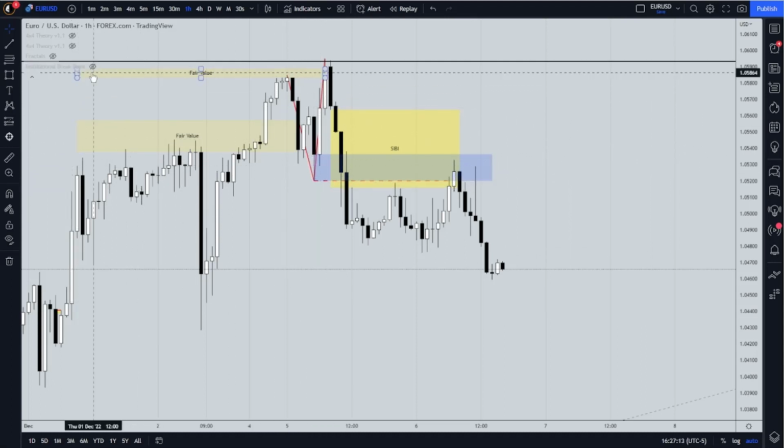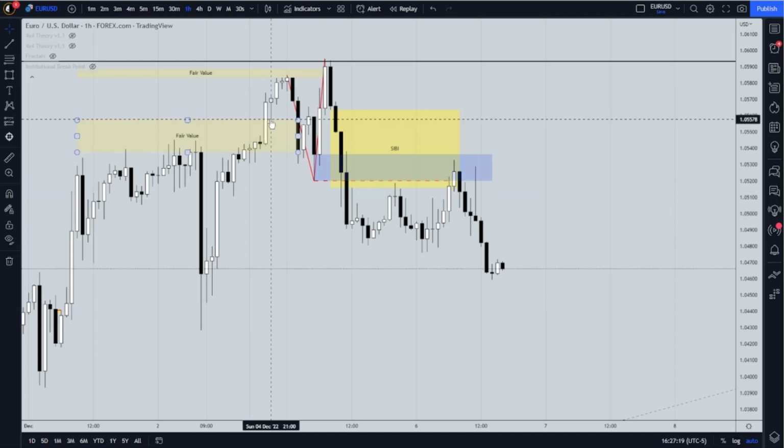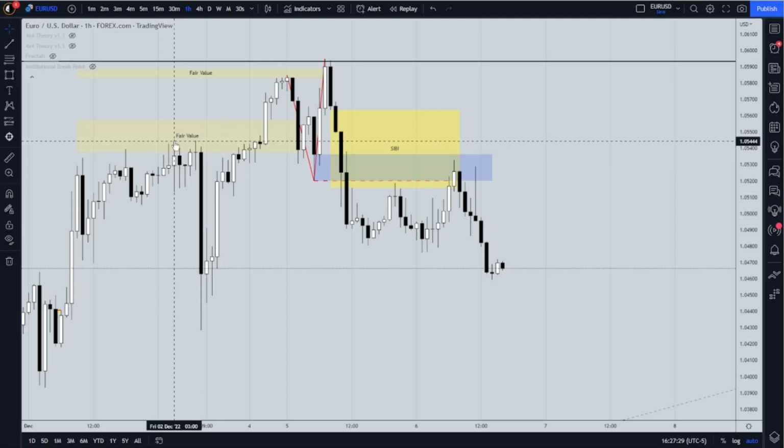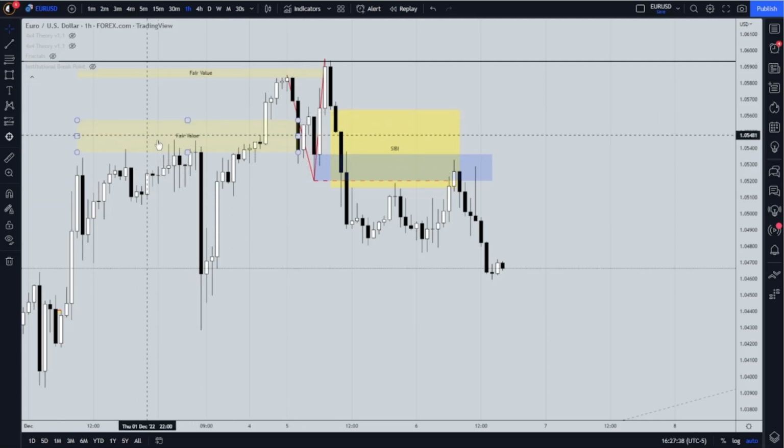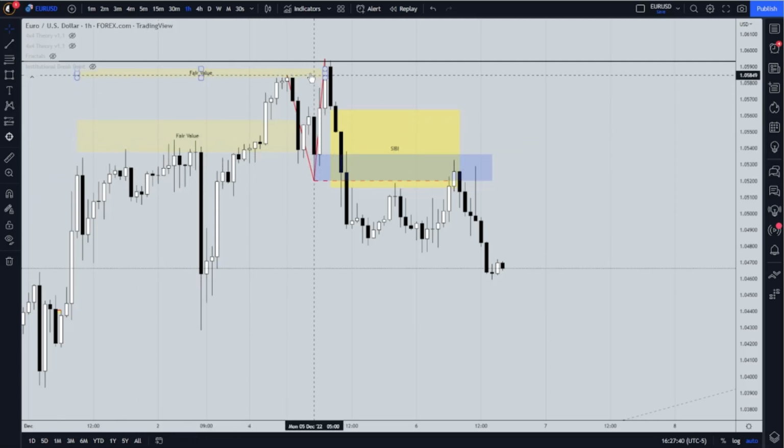I use an indicator I created to help me find it, but the swing low is always around a fair value gap, but the fair value expands further than that fair value gap because we have all of these highs and the wicks on these candles all form fair value, and it's the same at the top.